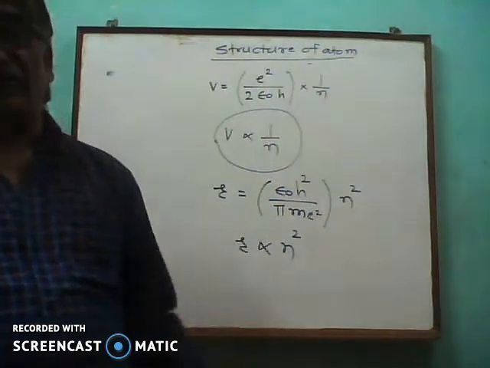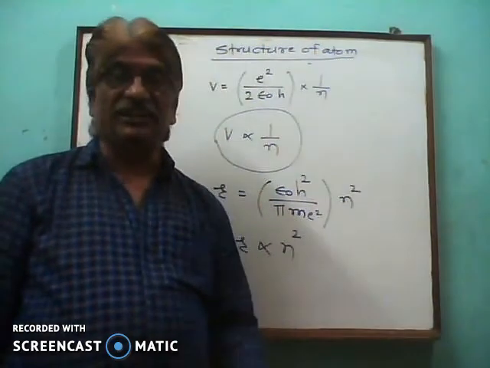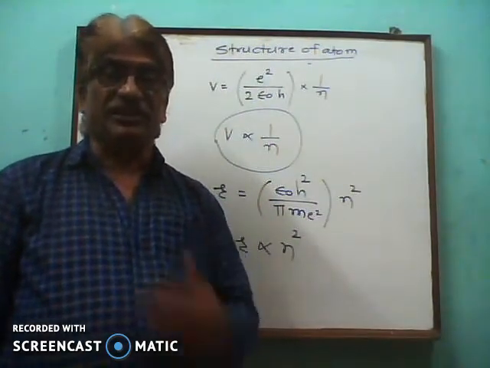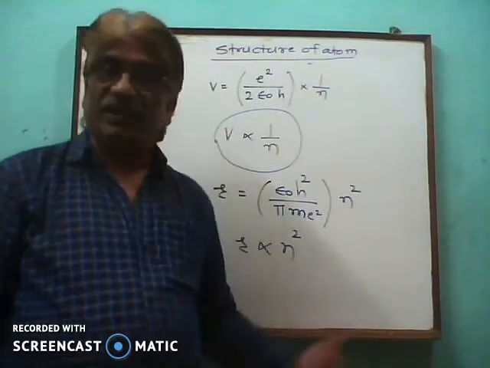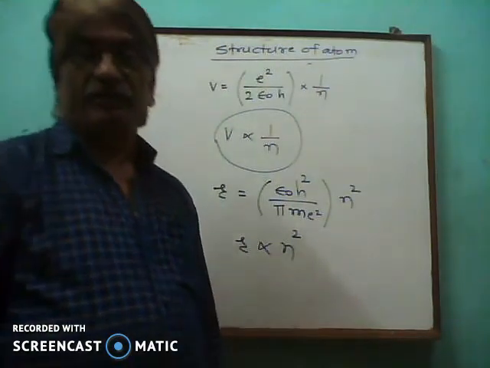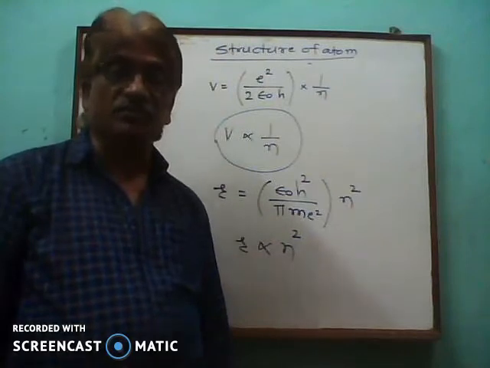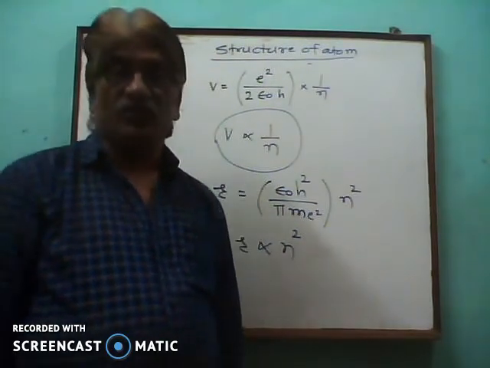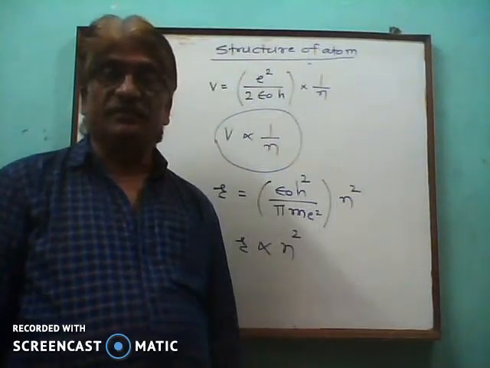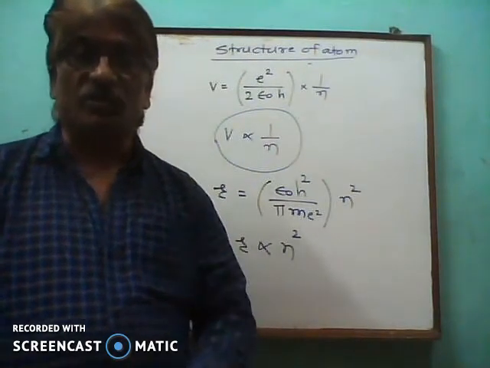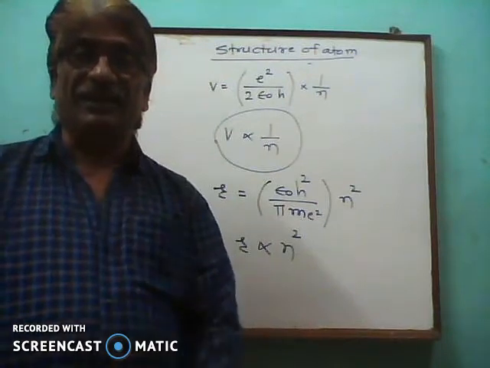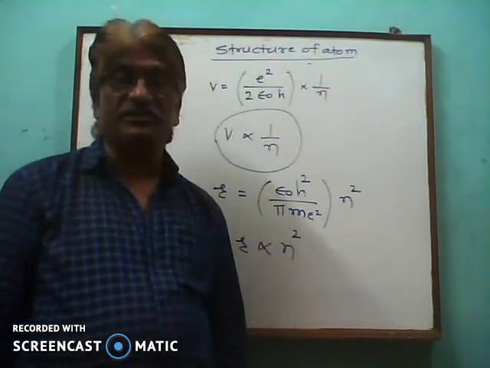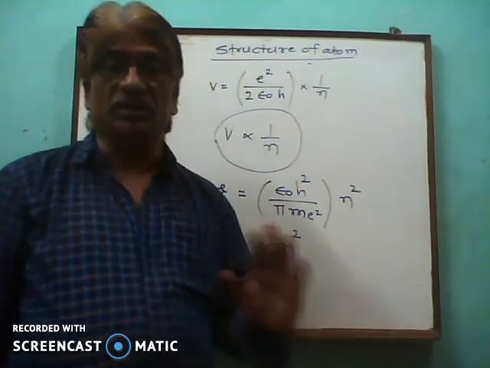For that question, three postulates are written and their explanations are written. The second question will be find expression for radius of circular orbit in Bohr's theory of hydrogen atom, or show that radius of circular orbit is directly proportional to square of principal quantum number.